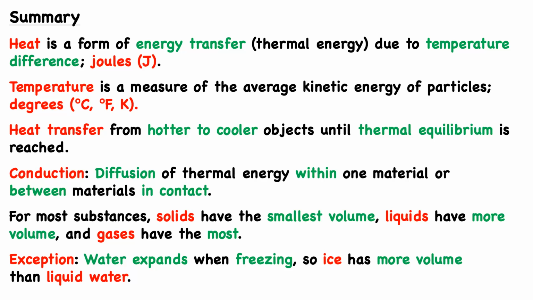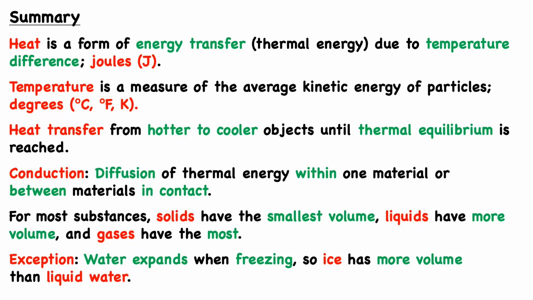Then moving on to the modes, we talked about 3 key modes: conduction, convection, and radiation. For example, we said that conduction is the diffusion of thermal energy, either within one material or instead between materials that are in contact.